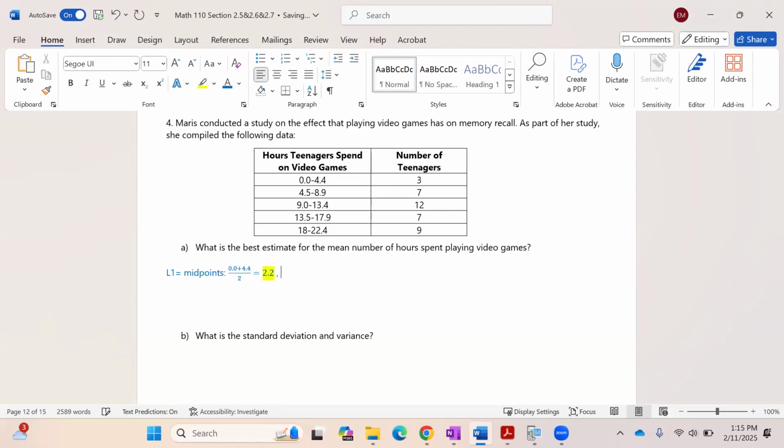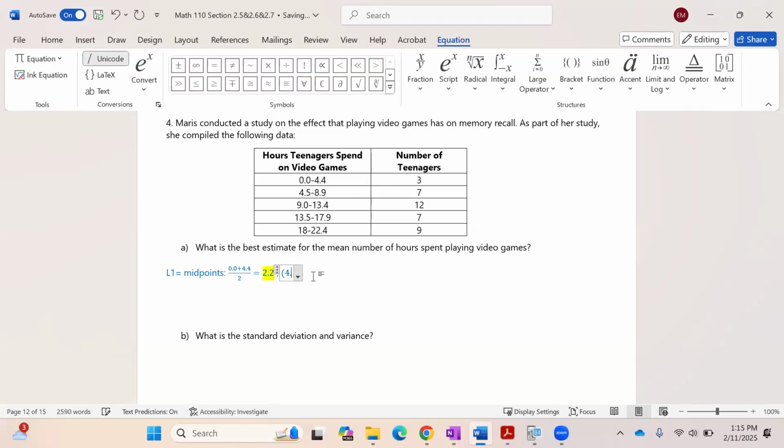All right, next one is 4.5 plus 8.9 divided by 2, and that comes out to be 7.